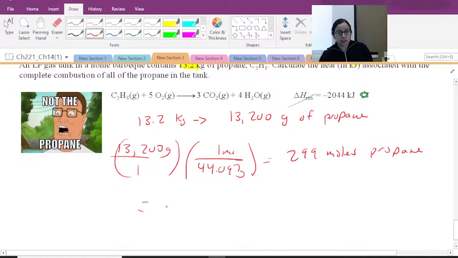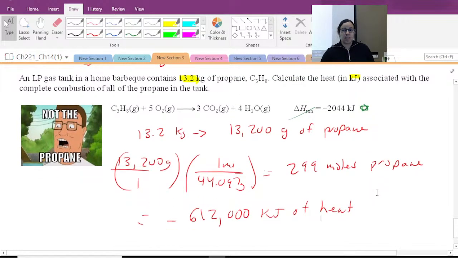It's a lot of burgers. If you want to round, you can do 612. Oh, thanks. Yeah, I was trying to do 3 sig figs. Kilojoules. Excellent.